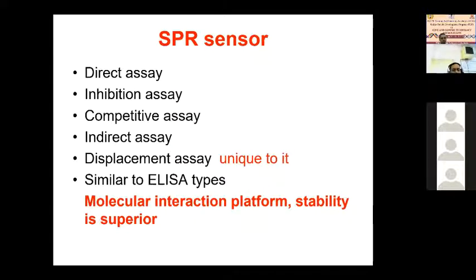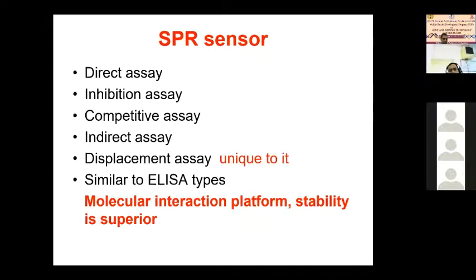please. The SPR sensor works in the same fashion as your ELISA. It is a direct detection. If you have immobilized one partner on the gold surface, and then you flow another partner, suppose the antibody is on the surface and you put the antigen over, then it will give you your immobilization value, the RU value called resonance units, in a direct assay.